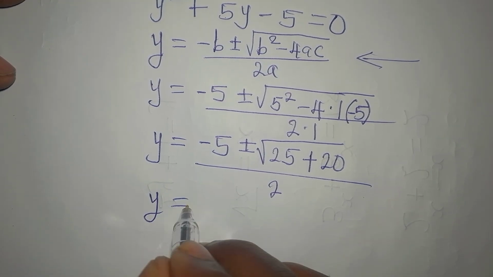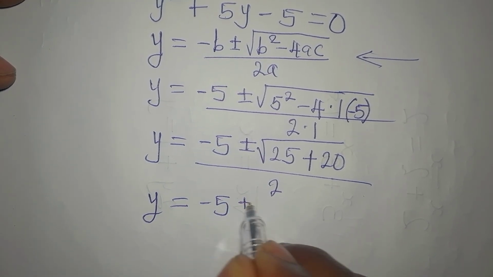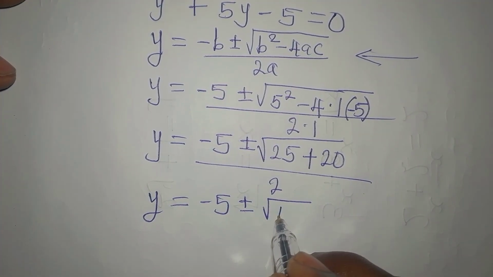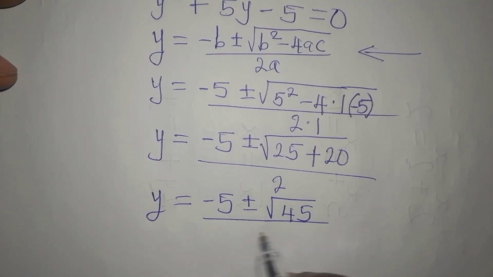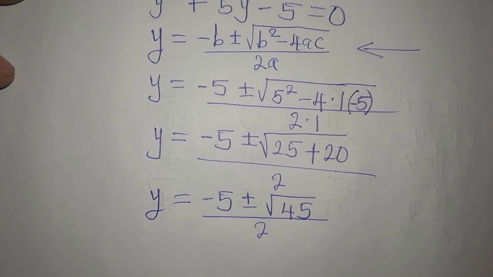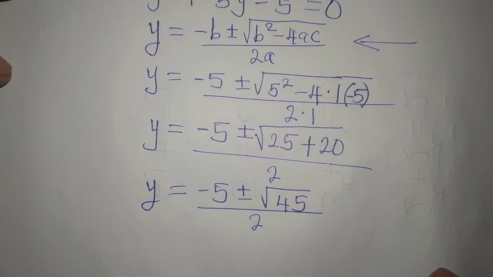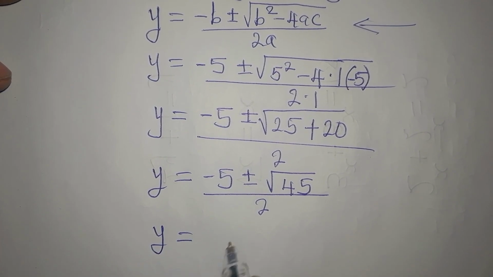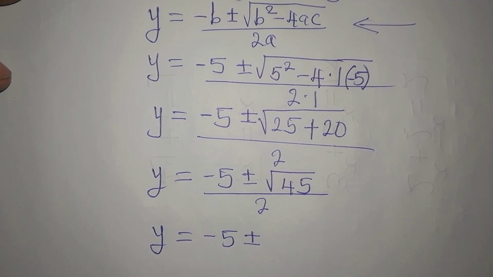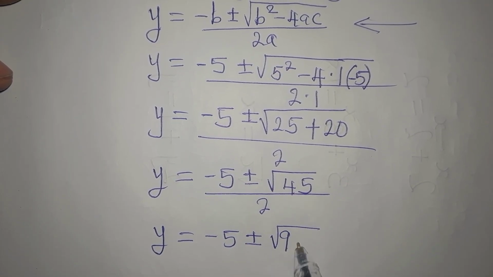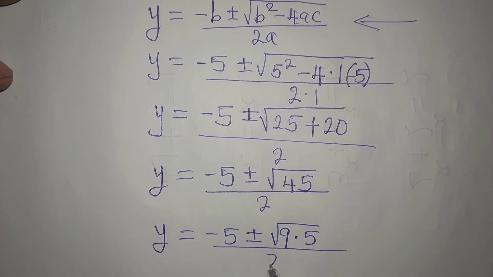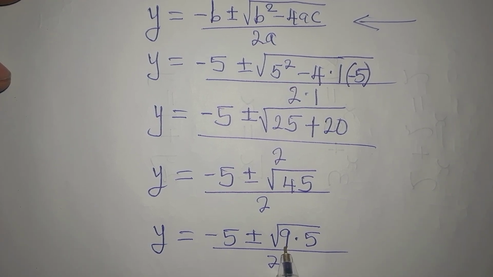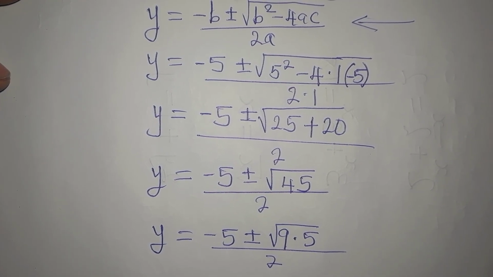So our y is minus 5, plus or minus, 25 plus 20, that is 45. Remember that 45 is not a perfect square, so we will not be able to find a square root without getting decimal. But we can break it down, right? y will now be minus 5 plus or minus square root of 9 multiplied by 5 over 2, because 9 times 5 is 45. And now 9 is a perfect square, right?